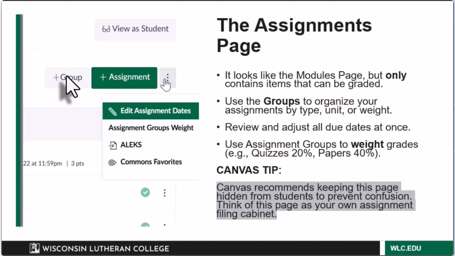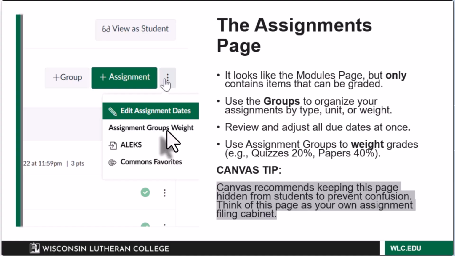So if you wanted to say, I want an easy way to say all of my quizzes, regardless of how many points they are, all of my quizzes are 25% of the grade, you would be able to create a group and then use group weighting in order to accomplish that.